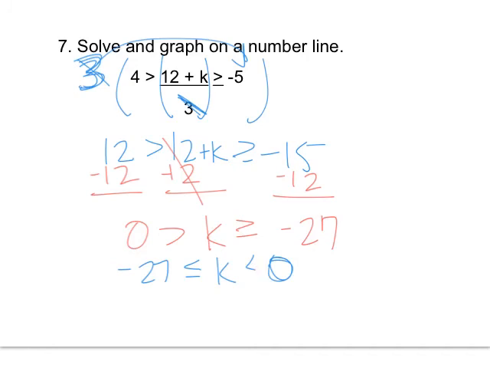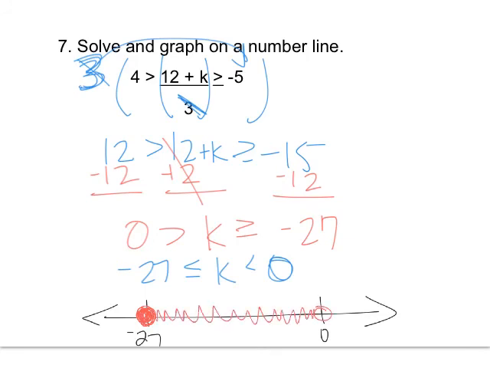Okay? On a number line, this solution, here's 0, here's negative 27. I'm going to be lazy this time. So it includes negative 27. It does not include 0, but it includes all the numbers that fall in between those values. Pause and try number 7.